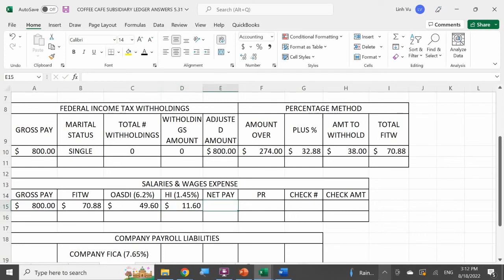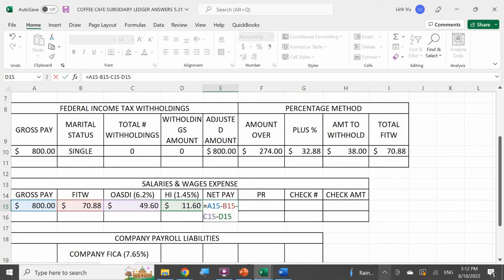So then how much is her total net pay? It would be $667.92. So that's the amount of the check that I am going to cut to Irene Jameson.